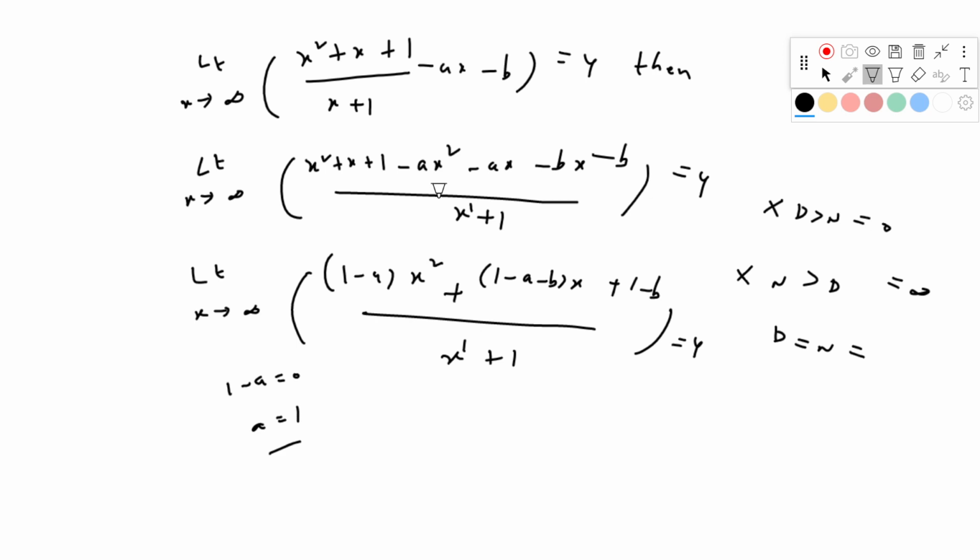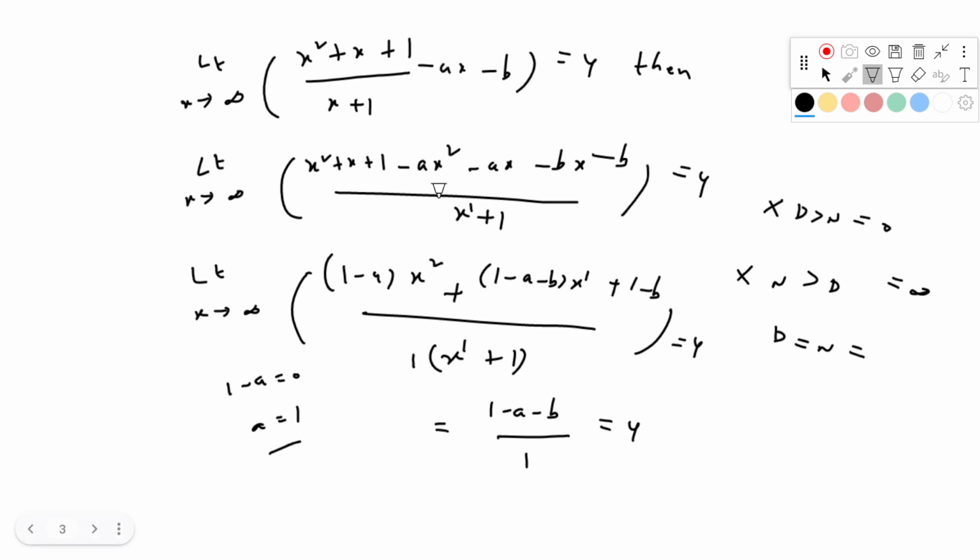Now here, this power is 1 and this power is 1, that means numerator equal to denominator. When numerator equals denominator, you have to take the coefficients, this coefficient over this coefficient. That means 1 minus a minus b, the coefficient of this, over 1, equal to 4.